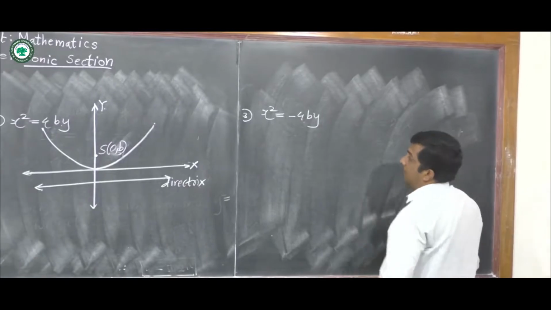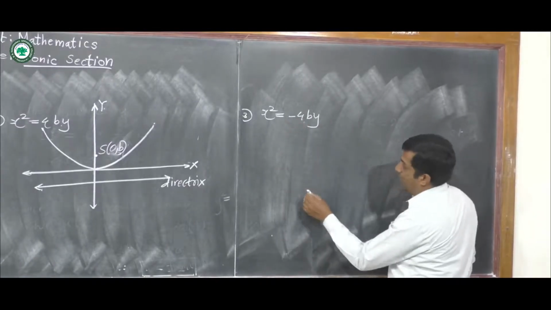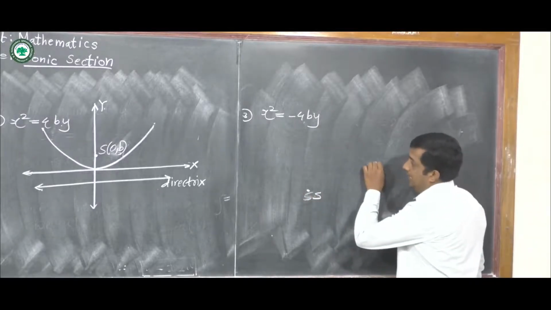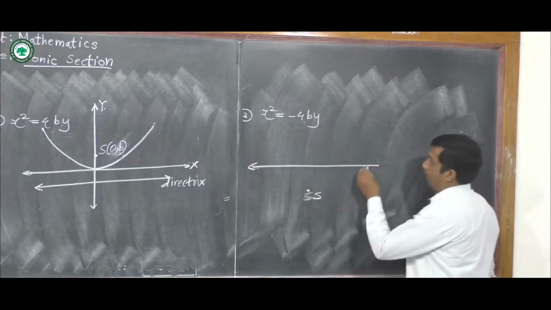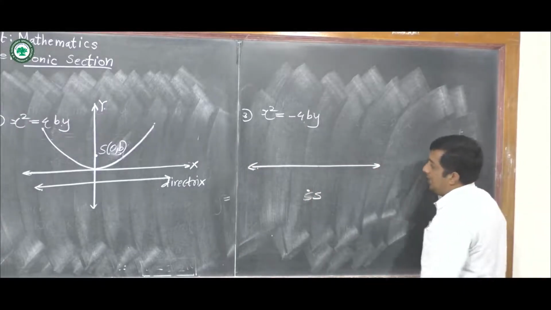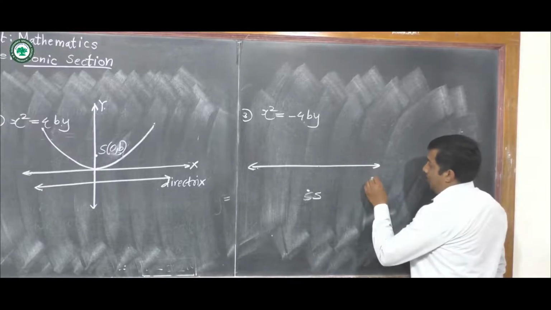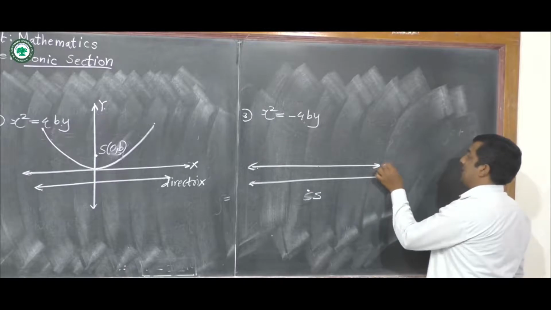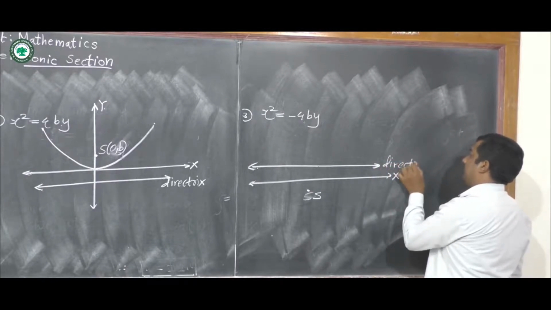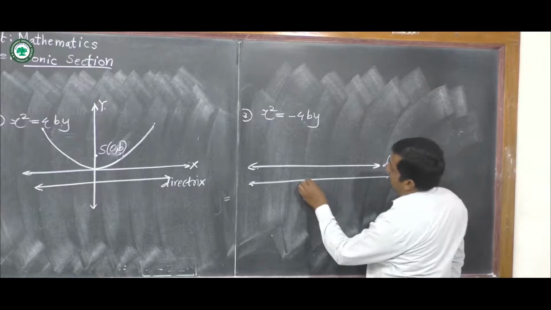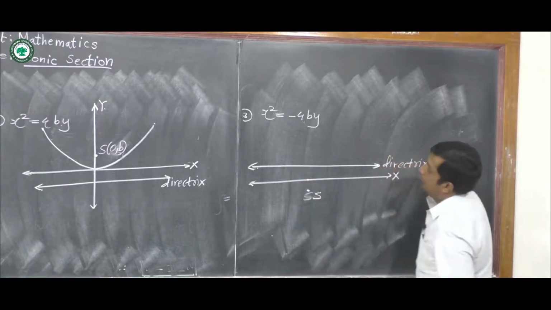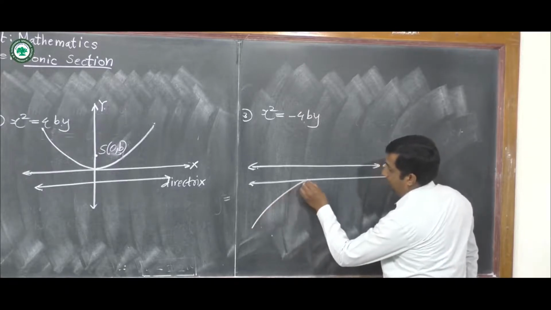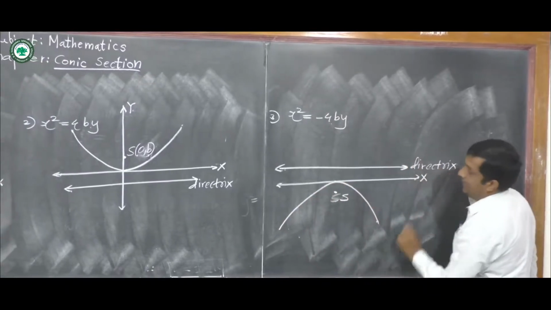Here again, to define this parabola, we consider the fixed point. Suppose S is the fixed point. Then we consider the directrix. Here is our directrix. Then we consider the x-axis. This is our x-axis. Then the parabola passes through the origin like this.